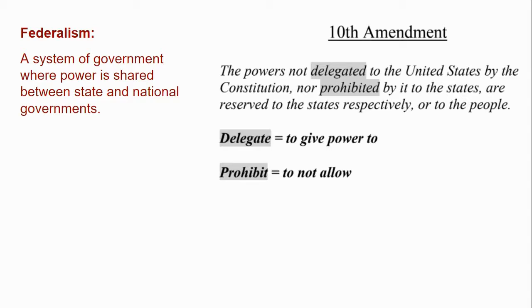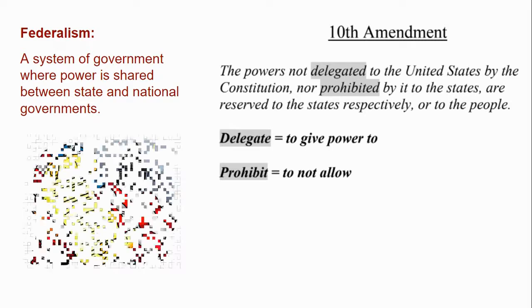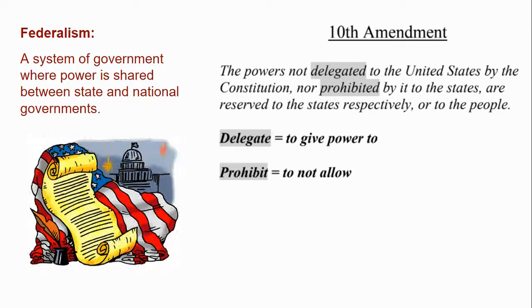Now, of course, this does not just apply to the death penalty, nor just to education. It applies to anything that the Constitution is silent about. And this is really a great amendment. If you think back to when the Constitution was first written, there were a lot of things that the founding fathers just could not anticipate ever happening.